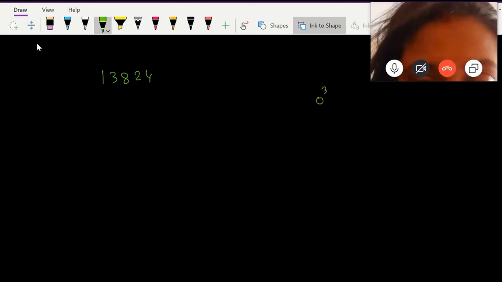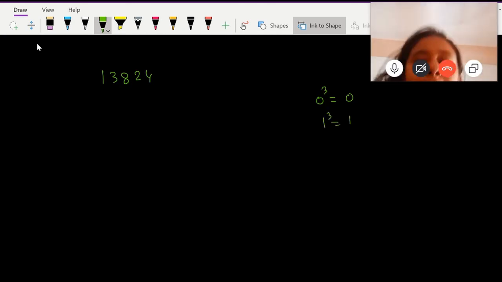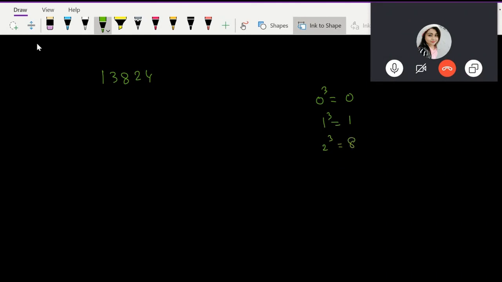What is 0 cube? 0. 1 cube is 1. What is 2 cube? 8. 3 cube? 27, but we just take the last digit, which is 7. 4 cube, 4. 5 cube, 5. 6 cube, 6. 7 cube, 3. 8 cube, 2. 9 cube, 9.